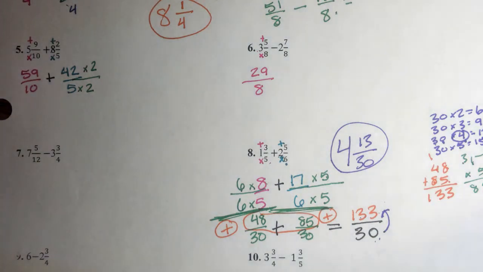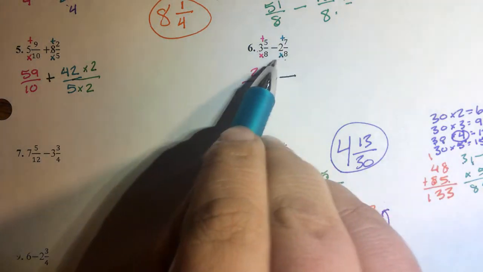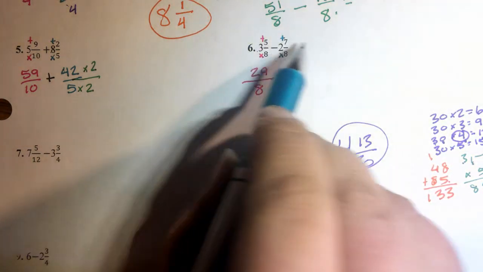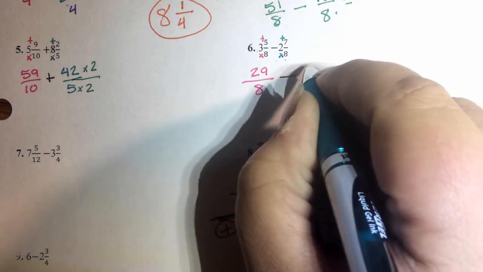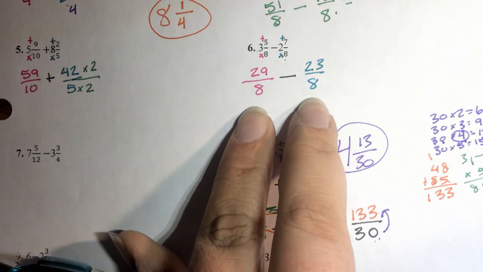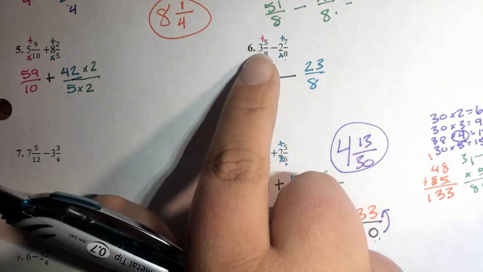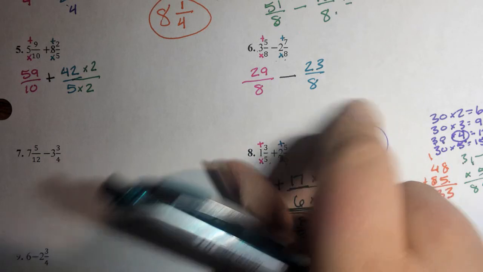Minus denominator times whole plus numerator. So 8 times 2 is 16, plus 7 is 23 over 8. Those denominators are the same. Since you're talking about 8s and you're talking about 8s, you know that you can make your answer talk about 8s.